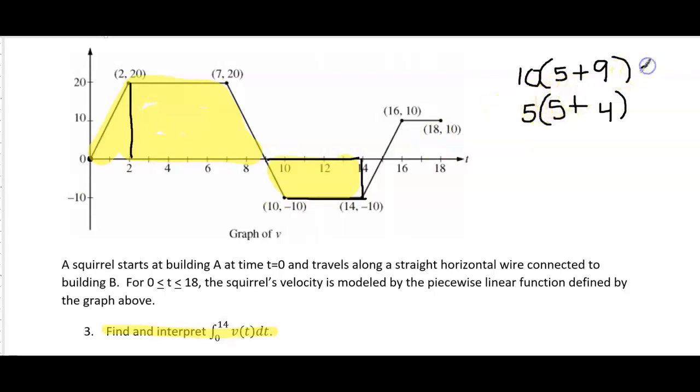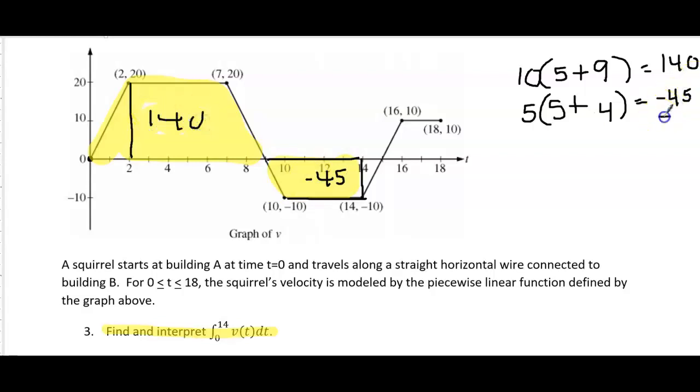So this area here is going to end up being 140 for the positive one. And for this other one here, that's going to be 45, but it's a negative 45 because that one is under the x-axis. You want to keep that sort of stuff in mind.